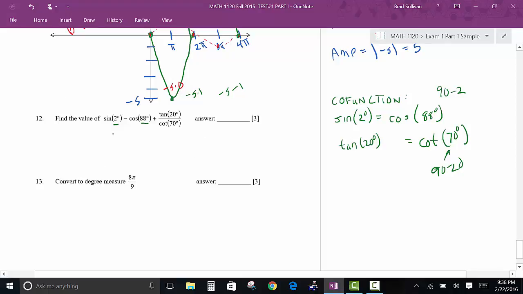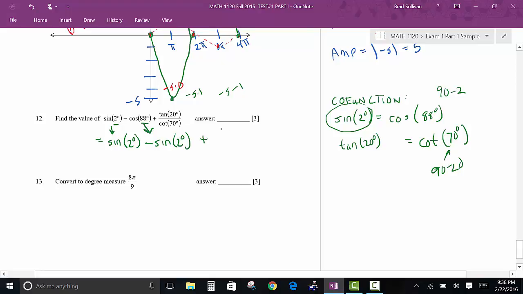Okay, now you can do this kind of in your head, and you can do this in a number of different ways. I'm just going to not change the sine of 2 degrees. I'm going to leave that alone. But the cosine of 88 is the same as the sine of 2 degrees. So just replace that with sine of 2 degrees. Okay, they're the same. The sine of 2 and the cosine of 88 are the same number, so they're going to cancel out.